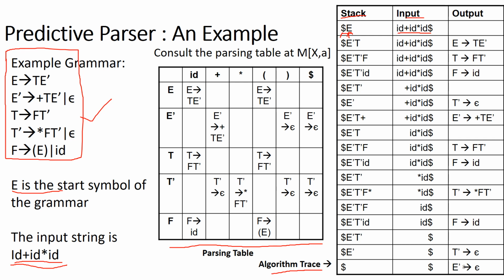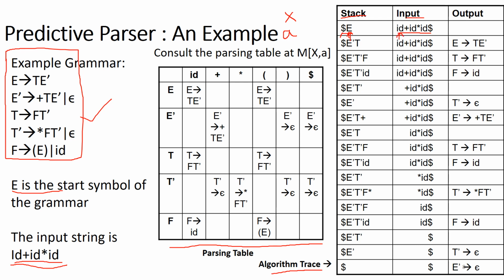At any given point of time, the parsing procedure compares X, which is the top of the stack, with a, the input symbol under consideration. Here E is the top of the stack, and the first symbol in the input, which is id, is the current input symbol.